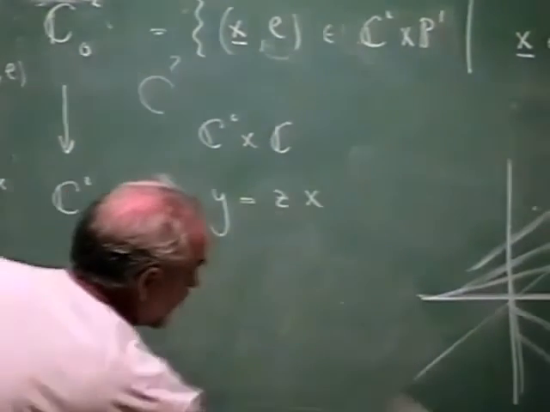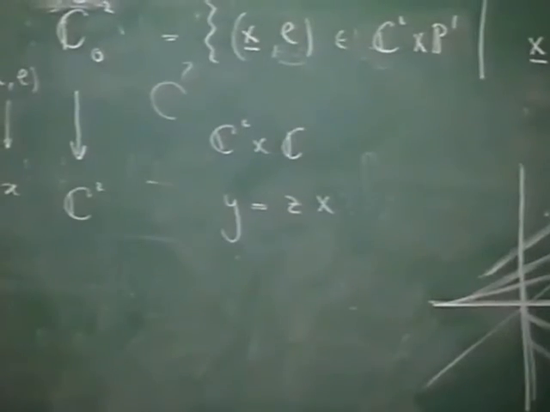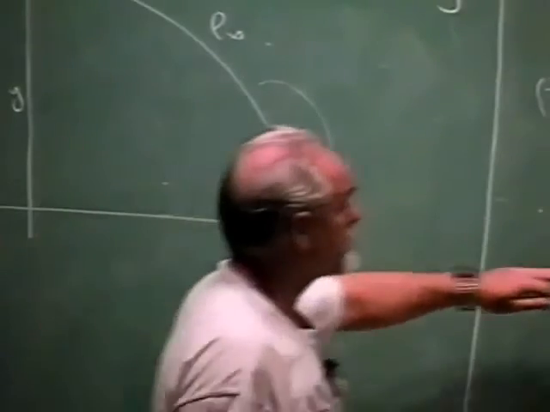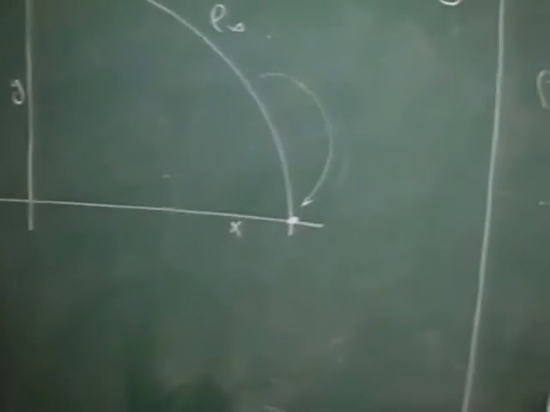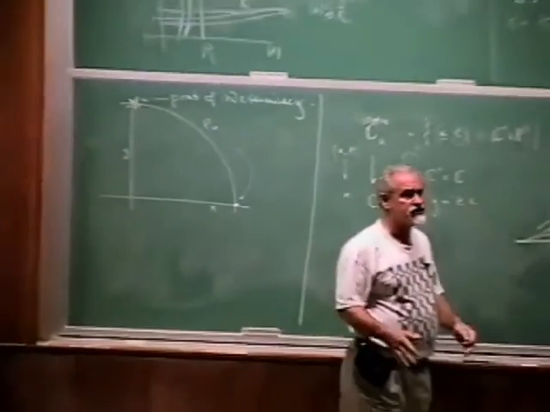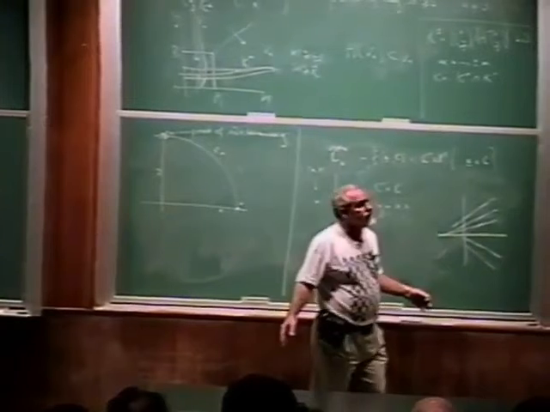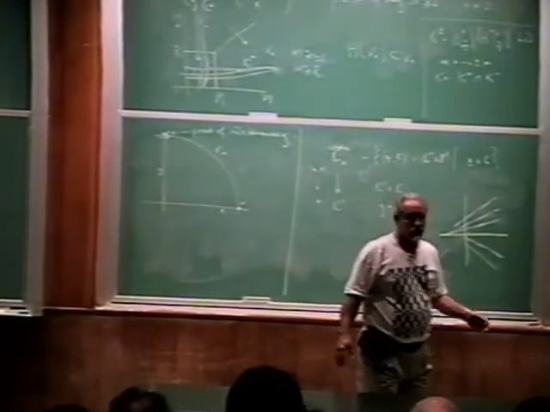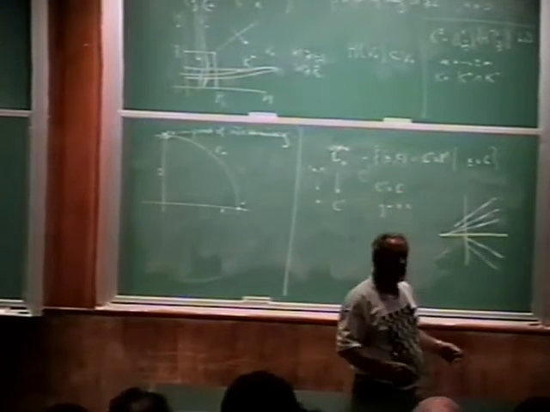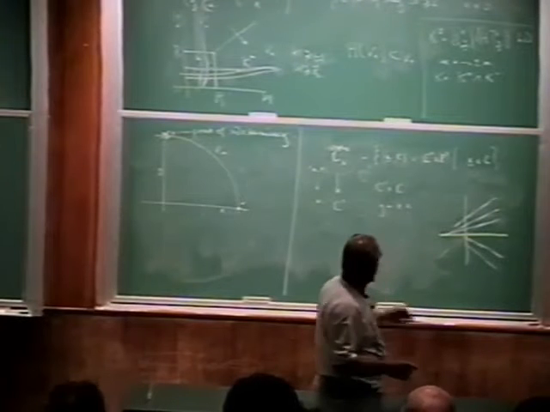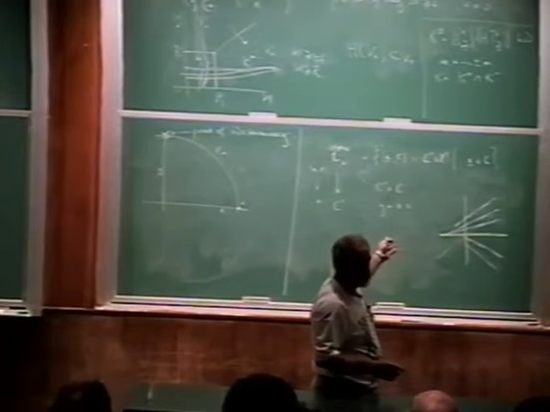The operation of blowing up is something that we will see in a somewhat more complicated setting in the future, where you can blow up not just points in surfaces, but arbitrary subvarieties of anything. And the process becomes more complicated. But this will be enough for the moment.